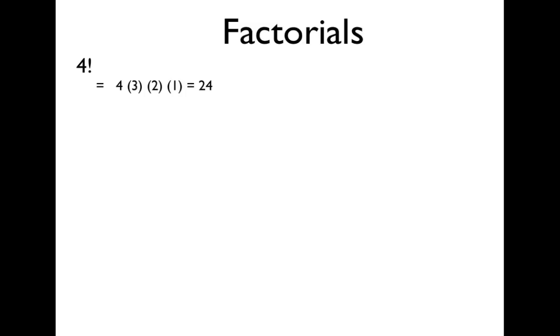So 4 factorial is 24: 4 times 3 times 2 times 1. As a rule, 0 factorial is not 0, it's 1. We just have to remember that as a fact.